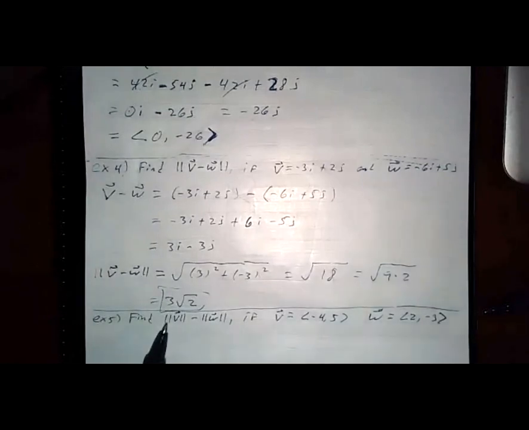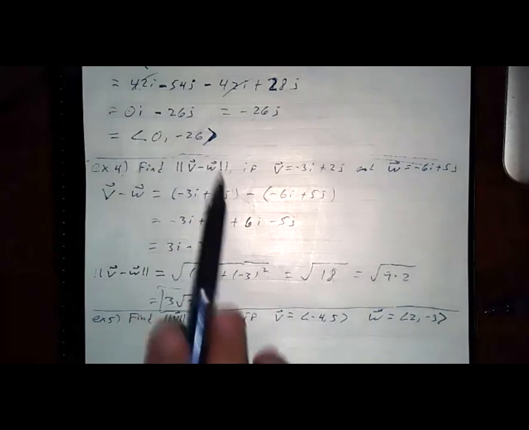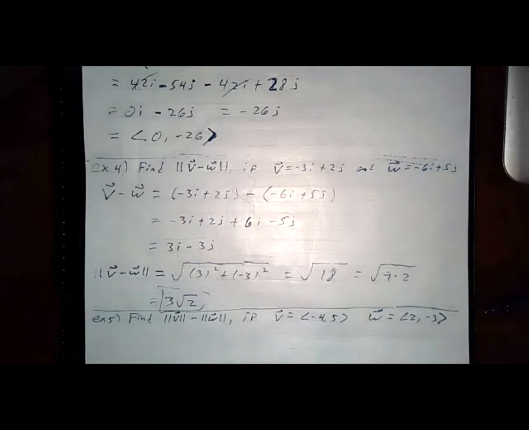So that you find the magnitudes first and then find the difference. Over here, we found the difference and then the magnitude. So these are not equal, okay?